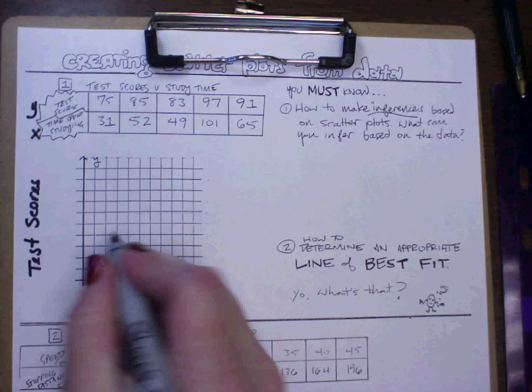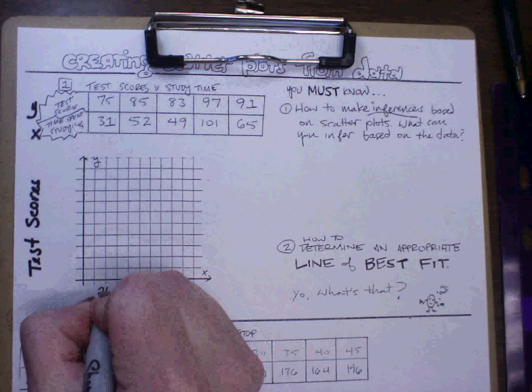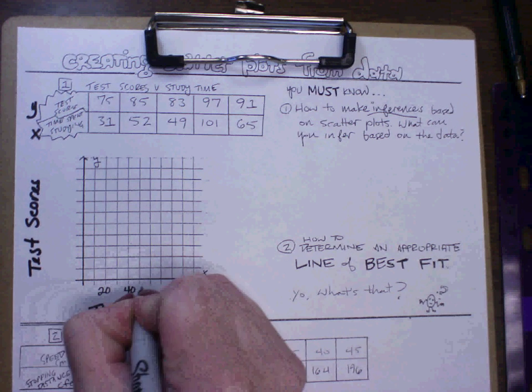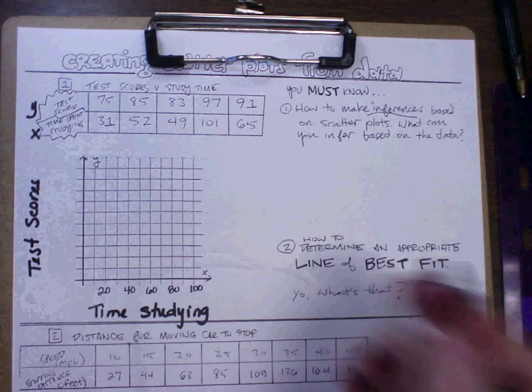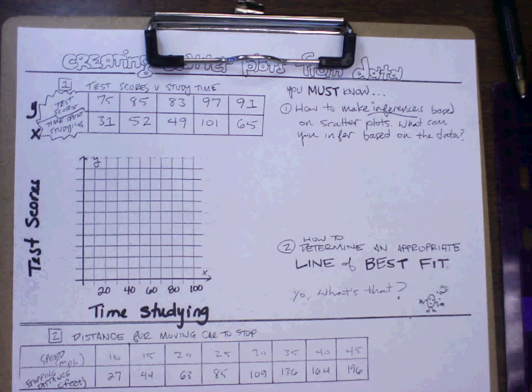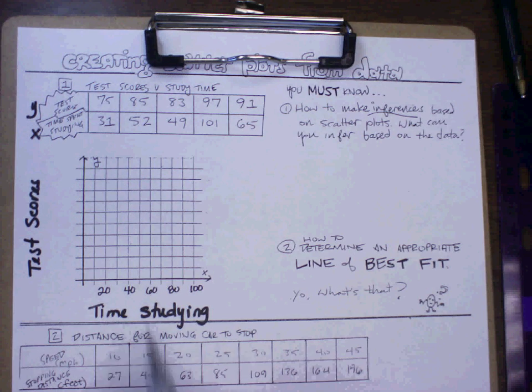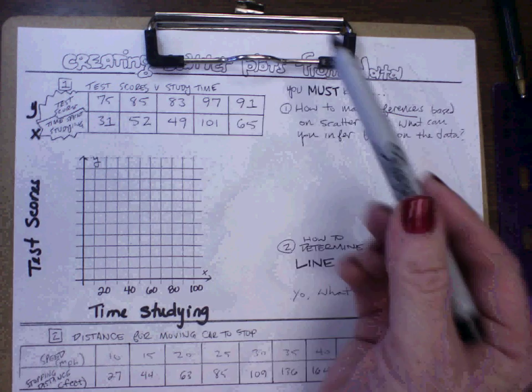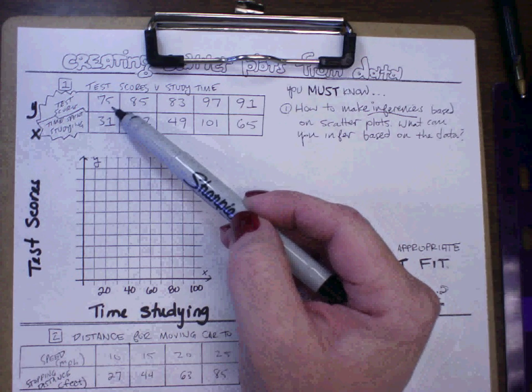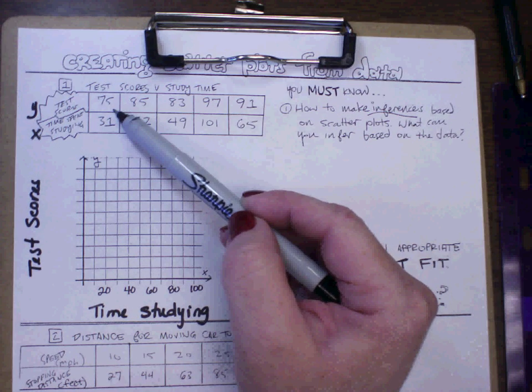I can do it by tens, but because I don't like cluster graphs, I am not going to write all the numbers, okay? So I'm going to leave one blank and write a 20, one blank and write a 40, one blank and write a 60, 80, and 100. You see what I did so that I didn't have to write all those numbers? But the first line is still 10, right?